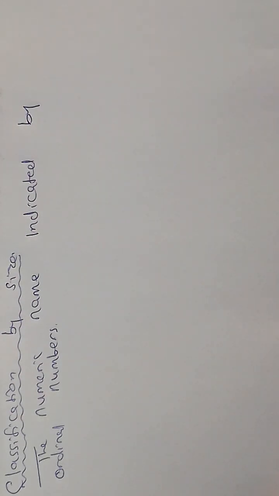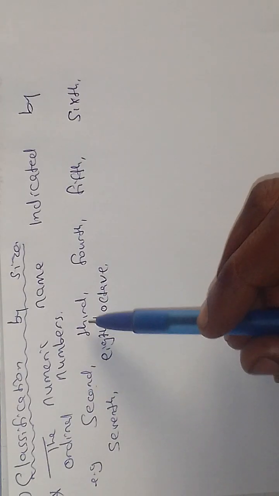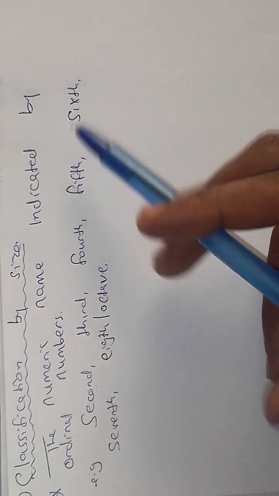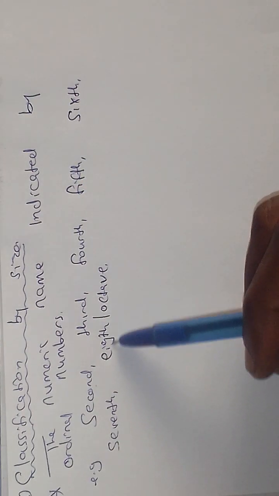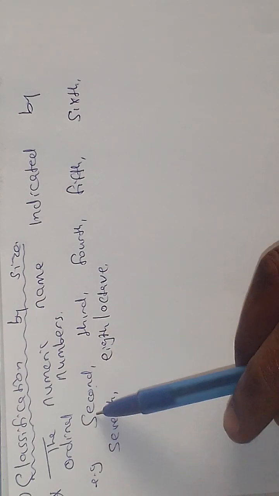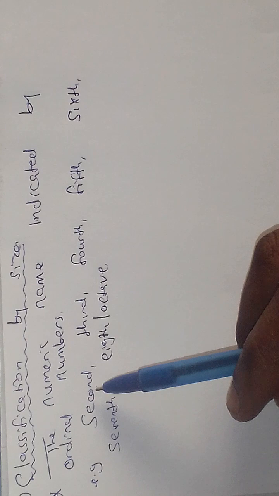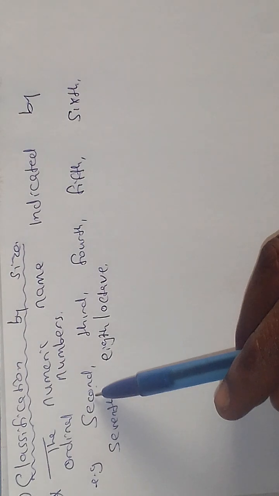And you can note that eighth is also the octave. So we said that a second is an interval having 2 degrees. That means it is of size 2. It is a second. Third, we said it is an interval having 3 degrees. Therefore, this is what we are referring to as the classification of intervals by their size.